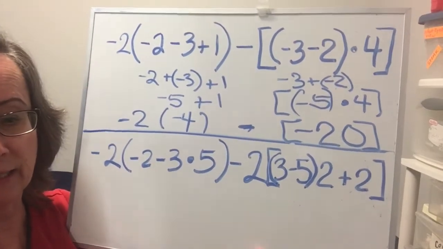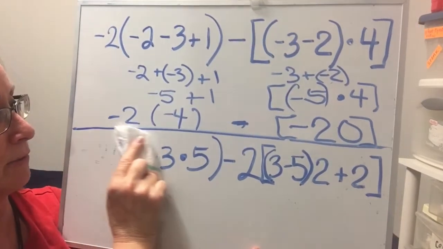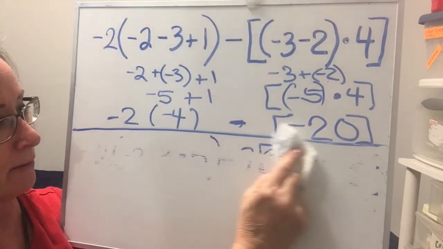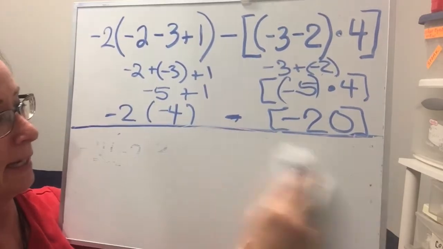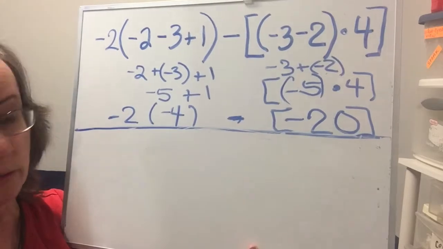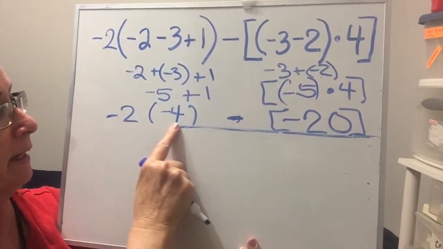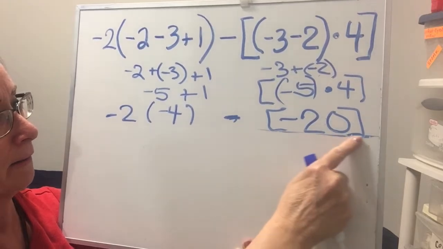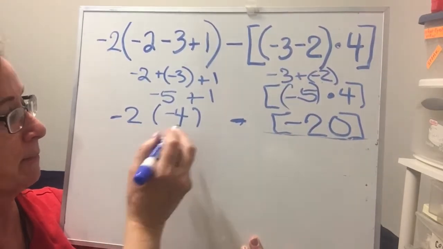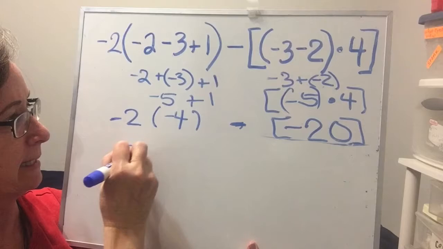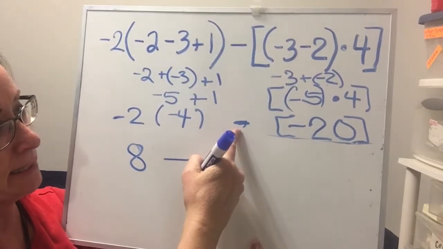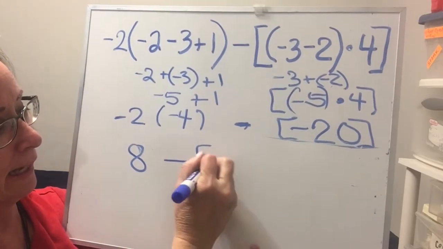I can see right now that I should not have written all of this down here getting ready for the next problem because I need more board room and I'm just going to have to write it again, right? So let's go here. And -2 times a -4 is a +8 minus a -20.